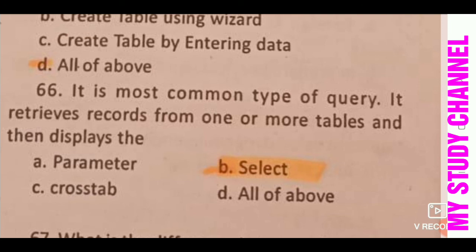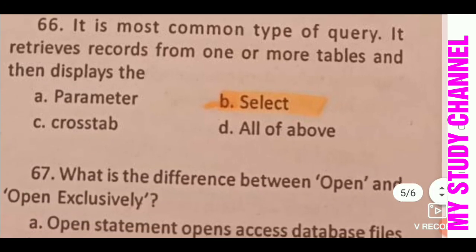It retrieves records from one or more tables and then displays them. Option A is parameter, B is select, C is crosstab, D is all of the above. Here the answer is option B, that is select.